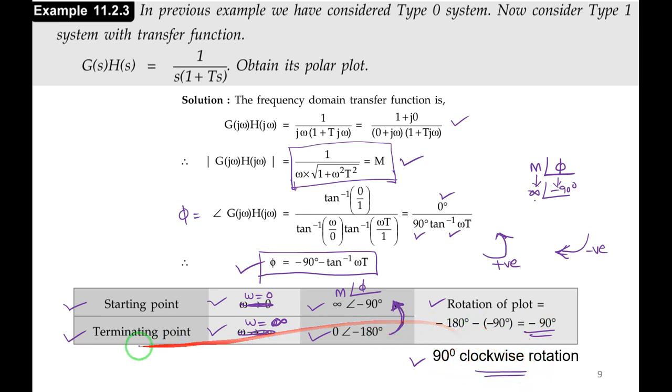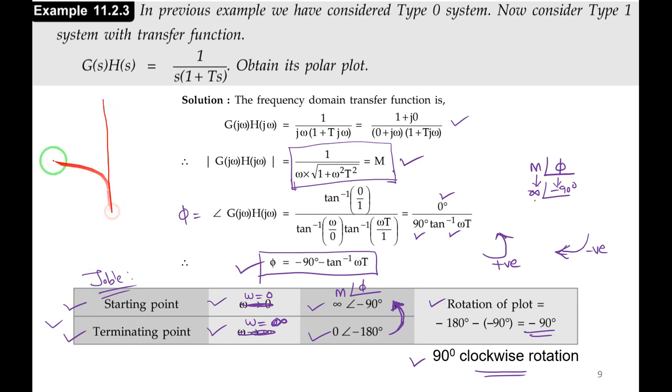This information we have in this table. This is the table we have constructed. Next, using this information, we will try to draw the polar plot. Let me draw it here, because if I go to next slide, I have the solution. Let me change the ink color.